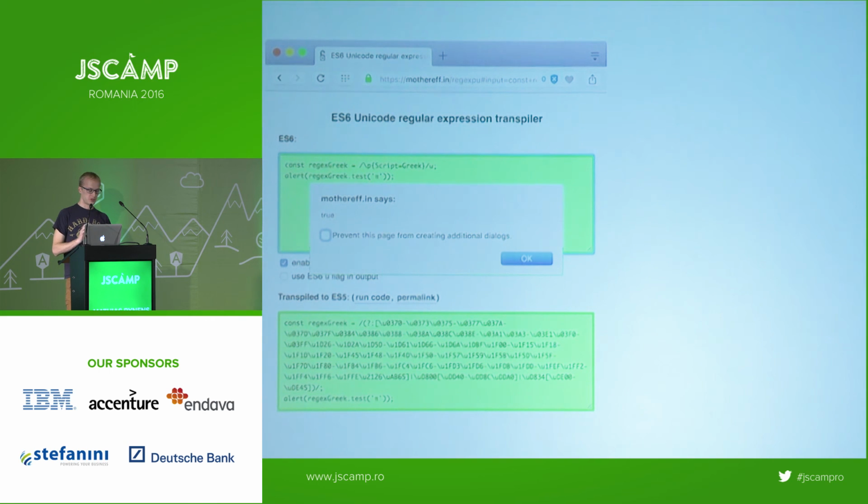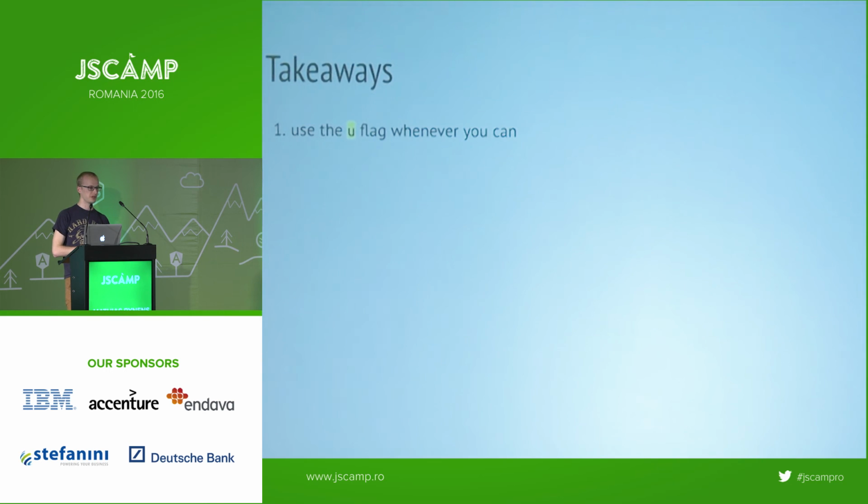So to summarize the takeaways here, I think you should use the u flag whenever you can. So for every new regular expression that you create, you should always start with the u flag. Now, you should remember the u flag is to regular expressions as strict mode is to all of JavaScript. So even for that, it's a good enough reason. But also remember that the presence of the u flag itself enables syntax extensions.